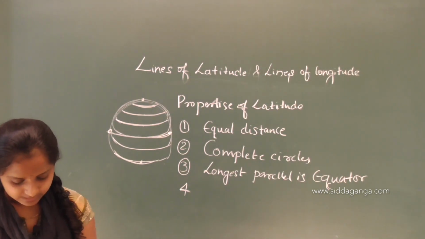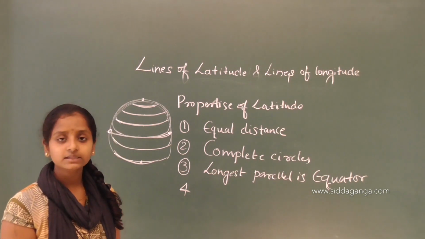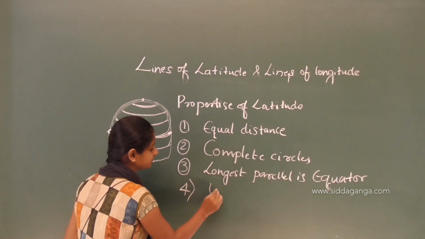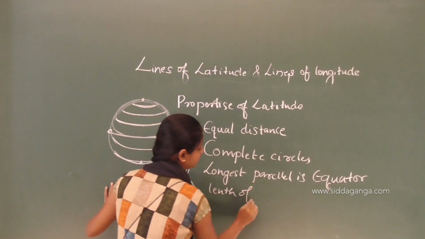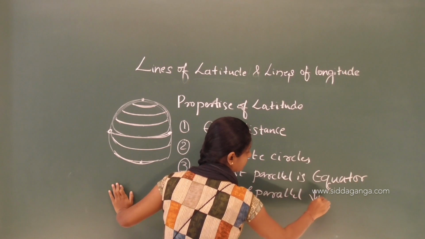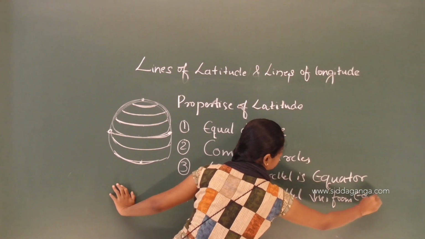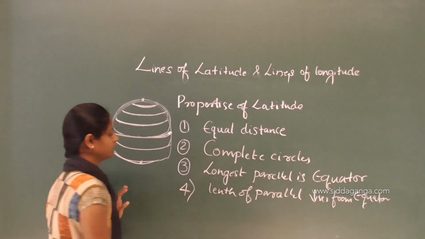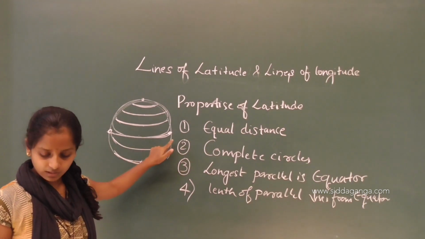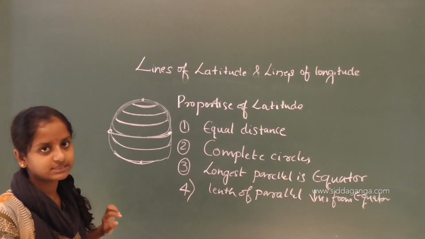Next, the equator is a great circle while the others are small circles. So in the fourth one, we have seen that the length of the parallels decreases from the equator. Next, the equator is a great circle, and the other parallels are small circles.